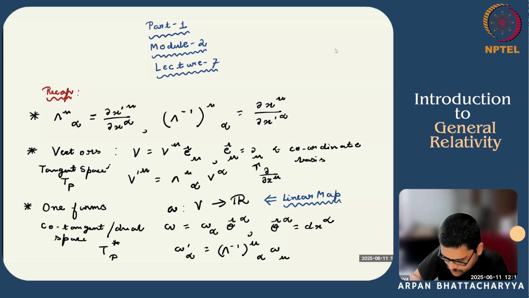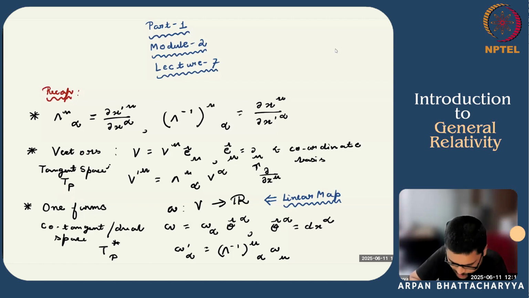Similarly, the inverse Lorentz transformation is associated with the inverse Jacobian map, which is given here. Then we argued that the tangent space associated with each point of Minkowski spacetime can be equipped with a vector space structure, and we denote that vector space by this symbol.